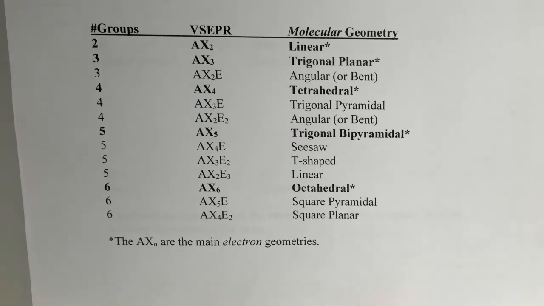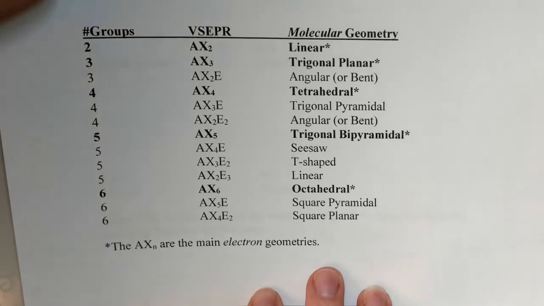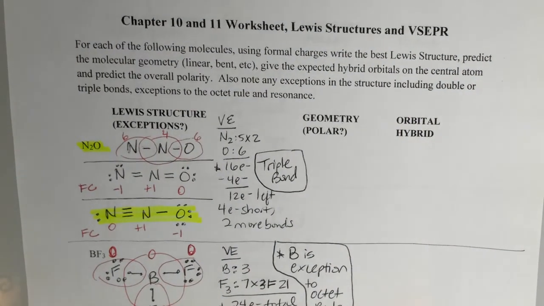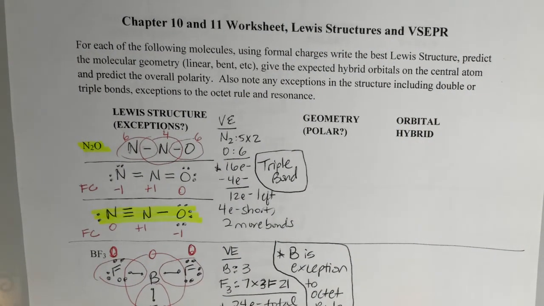So far we've looked at whether a bond would be polar or nonpolar. But now what we have to look at is whether the overall molecule would be polar or nonpolar. So what I'm going to do is keep referring to this particular chart, but I'm going to go and look at the Chapter 10 and 11 worksheet.